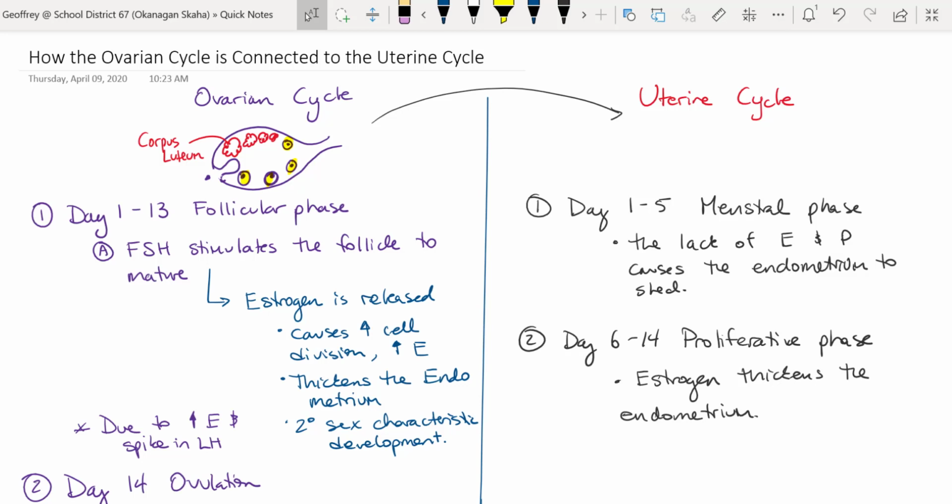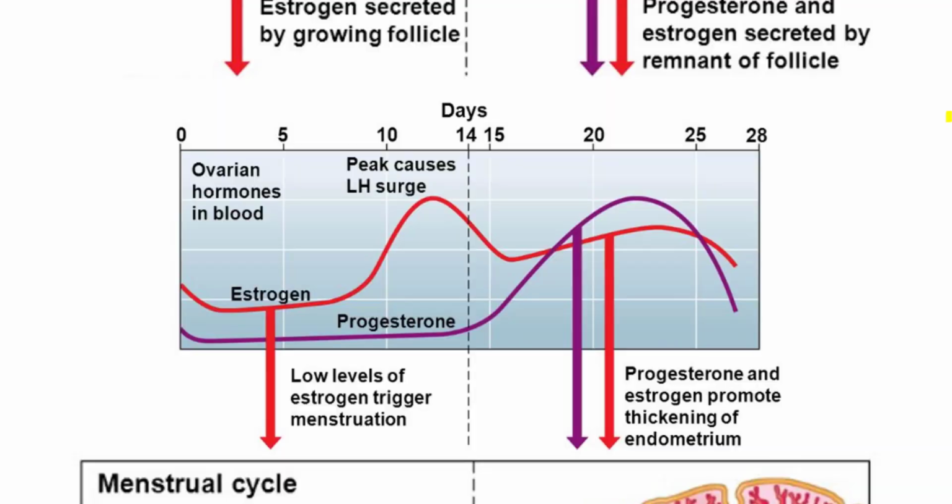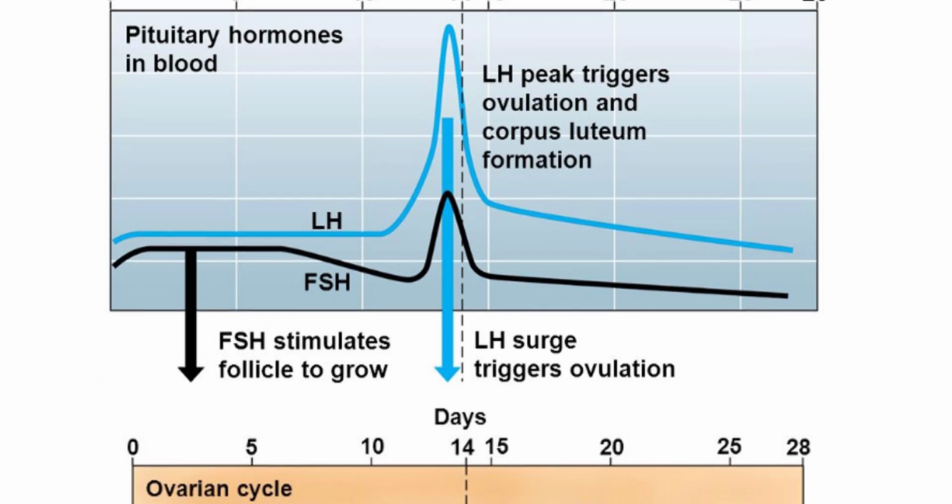Now, just to go back right over to here, at the very beginning, there's not enough estrogen and progesterone, and so the endometrium is shed. Now, once we get past a certain threshold, and I'm just going to show you this threshold here, you can see that the estrogen is building up, and this is because, and we saw this picture last day, we have levels of FSH.